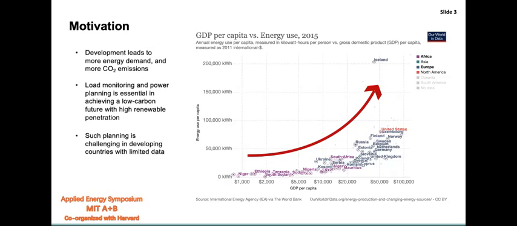So it is showing that development leads to more energy demand and more CO2 emissions. Therefore, load monitoring and power planning is essential in achieving a low carbon future with high renewable penetration. And such planning is challenging in developing countries with limited data.